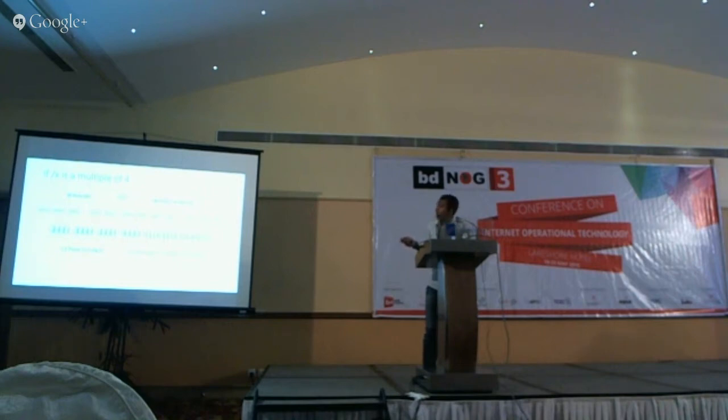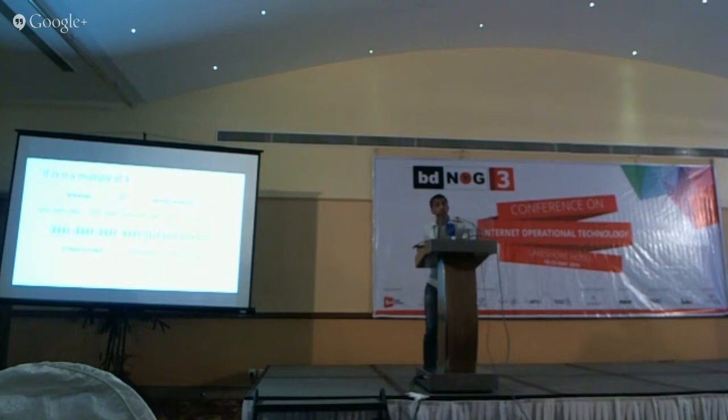This one is a multiple of 4, so we have considered each hex digit to subnet it. Ultimately, we have considered 4 binary bits. Here these bits are fixed and these are variable. So we can take any of the hex digits to subnet our IPv6 prefix.